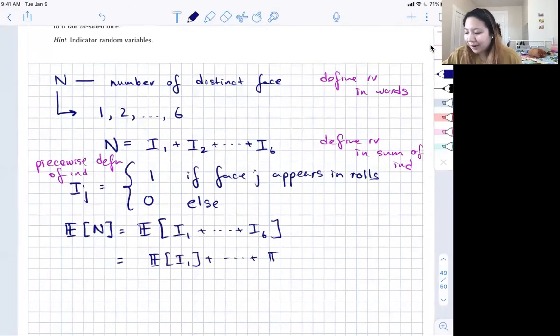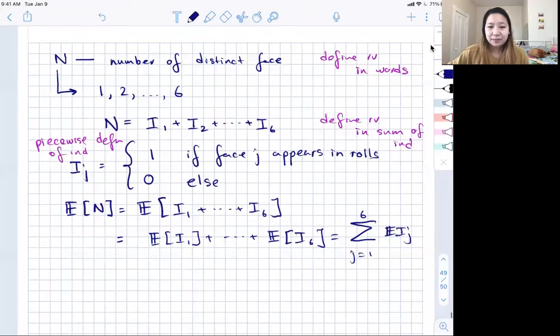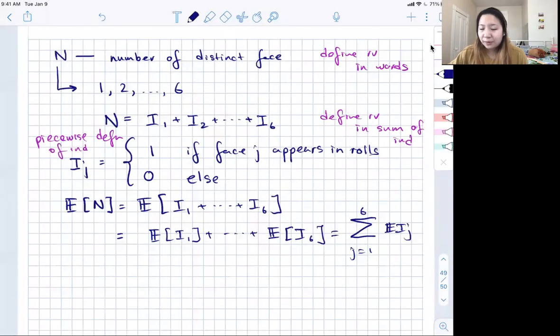I generally like to write just pluses and dots, but you can write it also with sigma notation. Some problems, it's a little easier to see what's happening when you write it with sums with dots. Sometimes it's easier with sigma notation. So now this is up to computing the expectation of each indicator random variable. Note that the tool I used here is linearity.